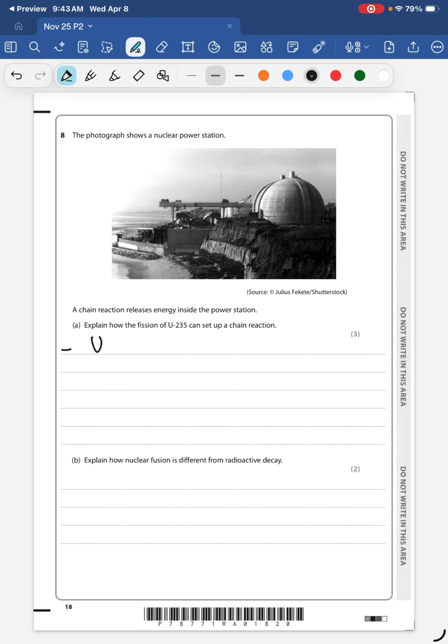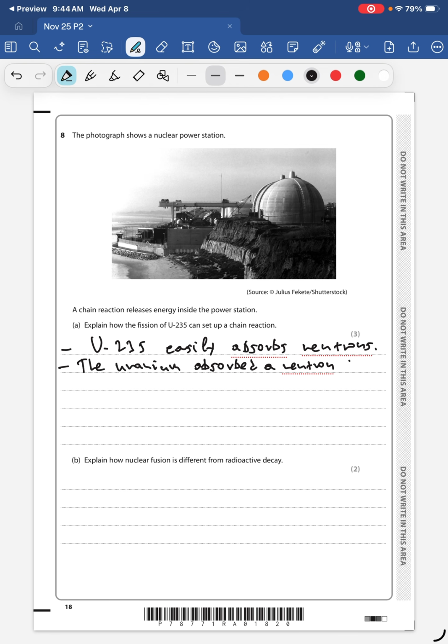So, uranium-235 easily absorbs neutrons, okay? The uranium that absorbed a neutron is unstable, or better yet, becomes unstable.